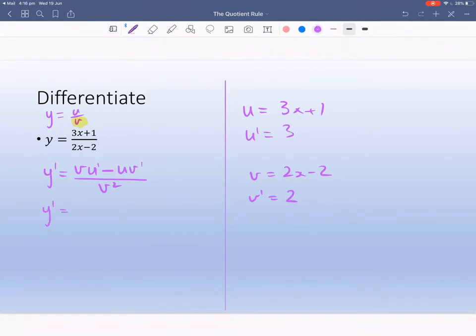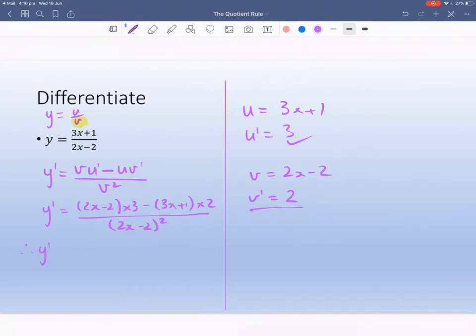y dash equals, what's v? 2x minus 2, u dash, that's just 3, so times 3, minus u, 3x plus 1, v dash, it's just 2, times 2, over, what's v squared? Well, it'll just be that to the power of 2. So 2x minus 2 to the power of 2.